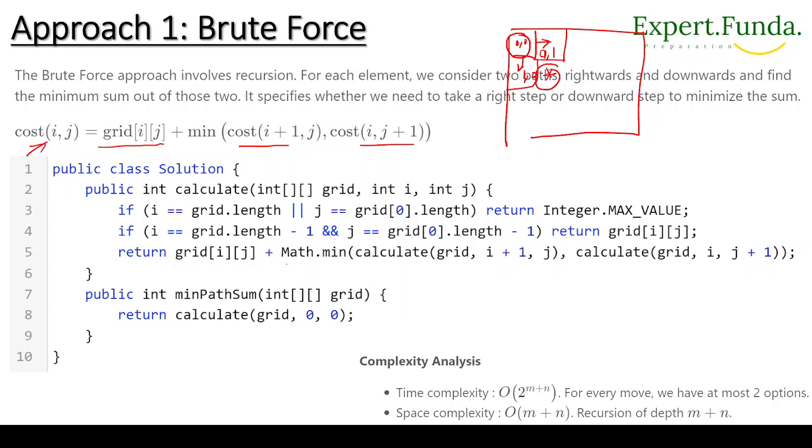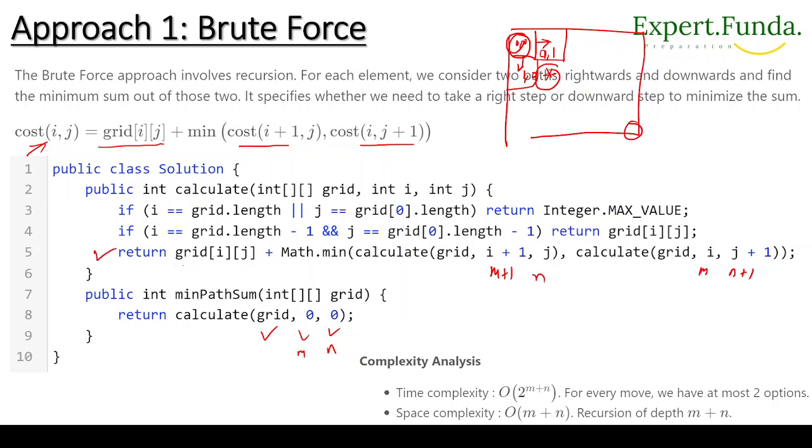Okay, so initially you have this data as a grid we are passing, and 0, 0 we are passing as the current position here, and we have to reach here. So each time, if this is m and this is n, we will go to m plus 1 with n remaining the same, and here m and n plus 1, and so this is the recursive call.